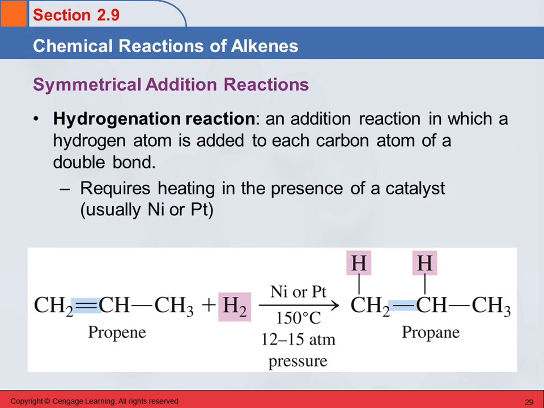So there's 2 main types of symmetrical reactions that we'll talk about. One is hydrogenation. This is where you're adding hydrogen. Okay, and these names give you a clue. Hydrogenation, adding hydrogen. So the hydrogen is added. So here we've got propene.